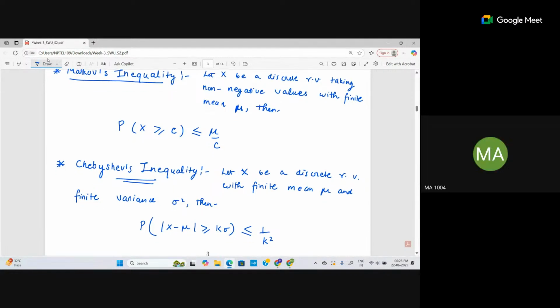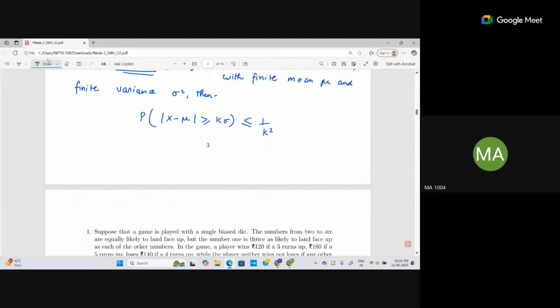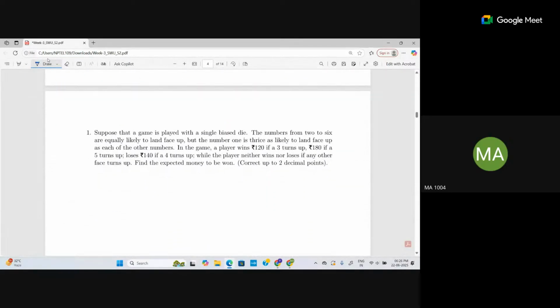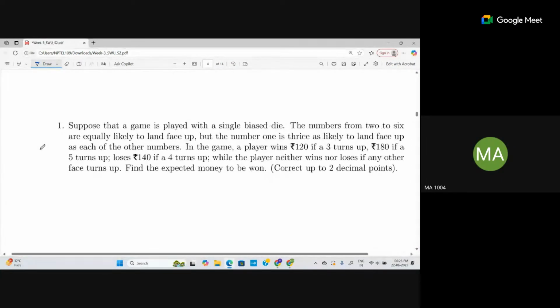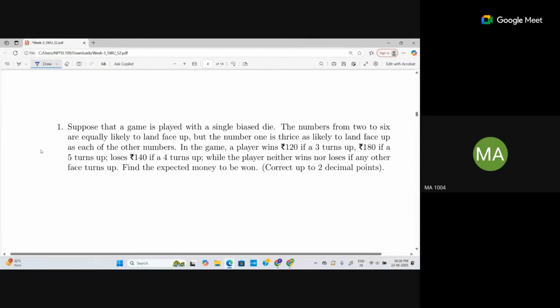Got it. Okay, so now here we have our first question. Suppose that a game is played with a single biased die. The numbers from 2 to 6 are equally likely to land face up, but the number 1 is thrice as likely to land face up as each of the other numbers.